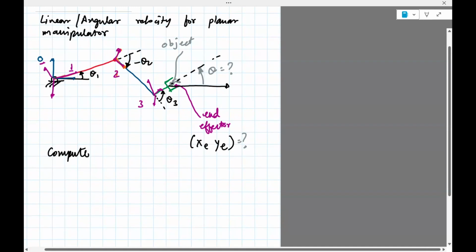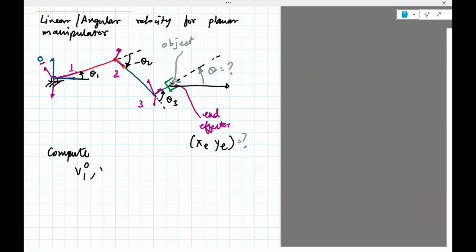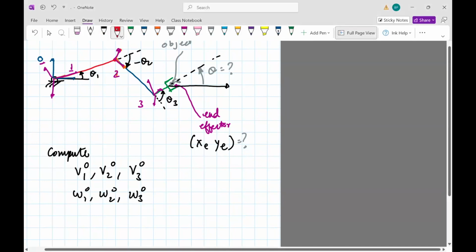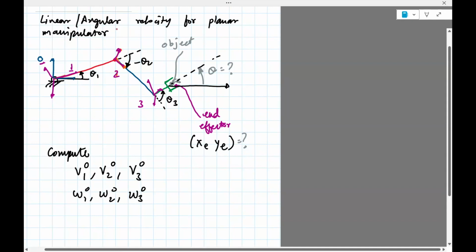What do we want? We want the velocity of frame 1 with respect to 0, velocity of 2 with respect to 0, velocity of 3 with respect to 0. So they're the linear velocities. Then we want the angular velocities. I've not shown the center of mass, but let me quickly show that. Let's say that there's a COM.